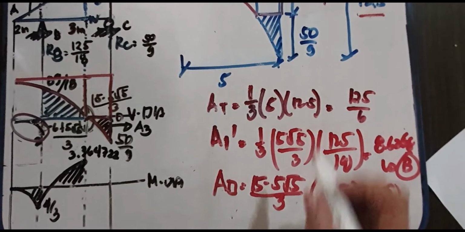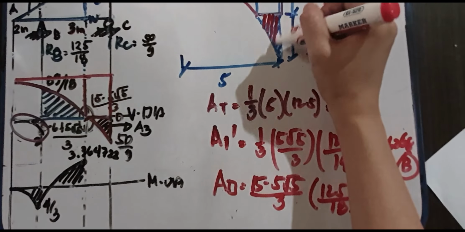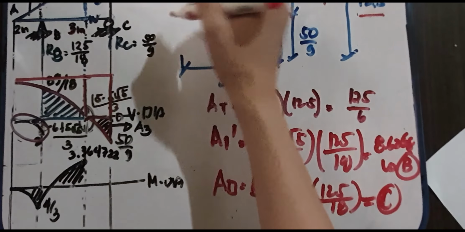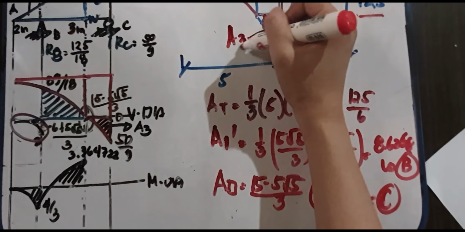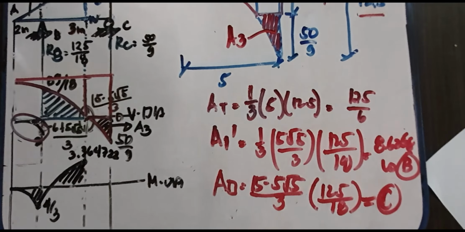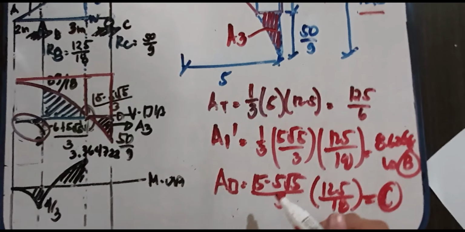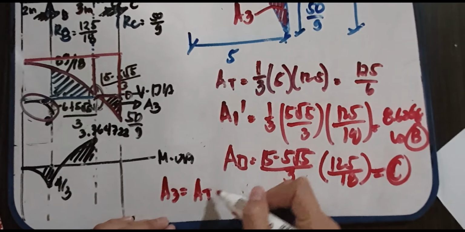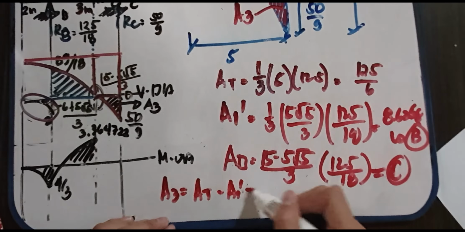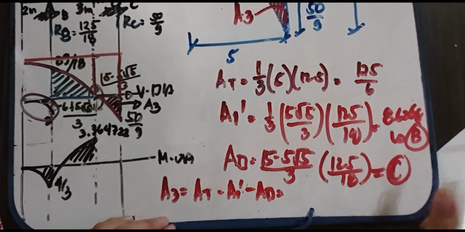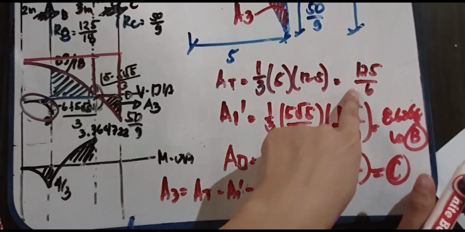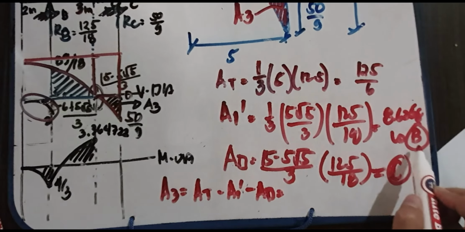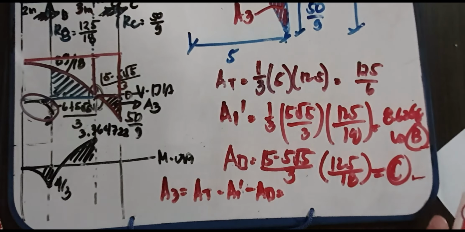So, ngayon, to find this shaded area, pwede natin ilagay as this is your A3. So, for A3, ito lang po kasimple. We have area 3 is equal to area total minus yung area 1 prime minus the area of rectangle. So, 125 all over 6 minus yung naka-store kay B and then yung naka-store kay C na value.